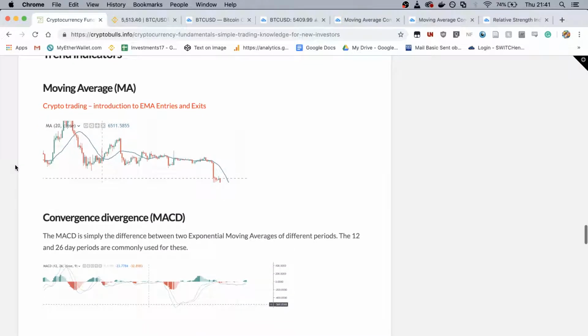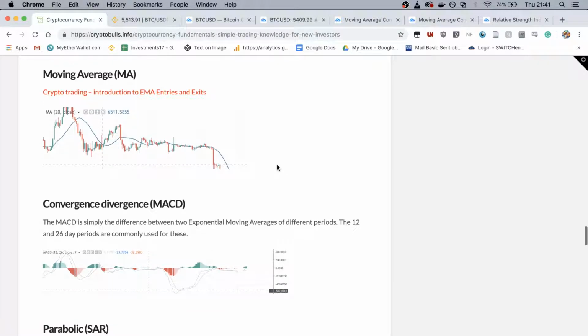One of the most popular ones is the moving average, and very often you will see people talking about golden cross or death cross and so on, and those occur when two moving averages cross, the 50 and the 200 candle moving average.